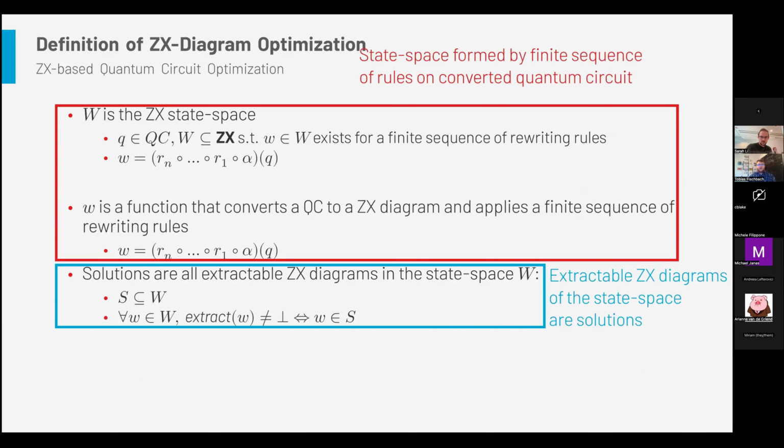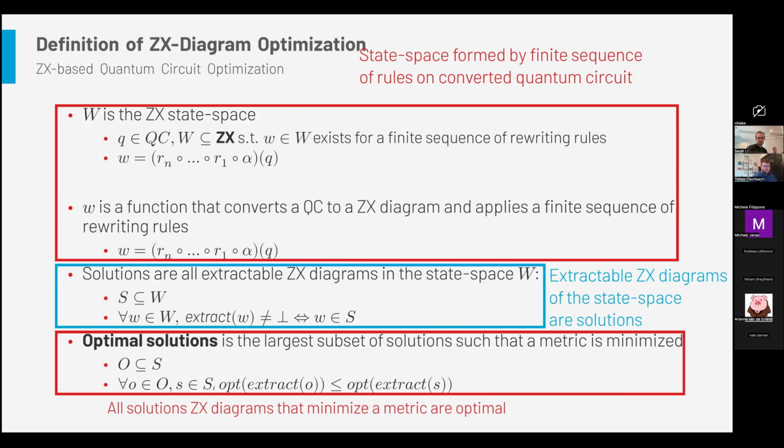And a solution is, from all the set of finite ZX diagrams that we have, the subset where a certain metric is minimized. Well, and of course, if the solution is optimal, it means there is no other ZX diagram that is better on that metric from all the solutions found.